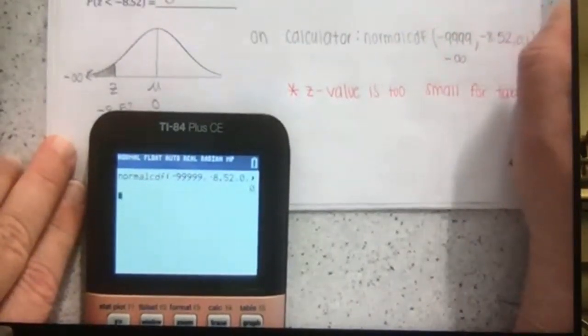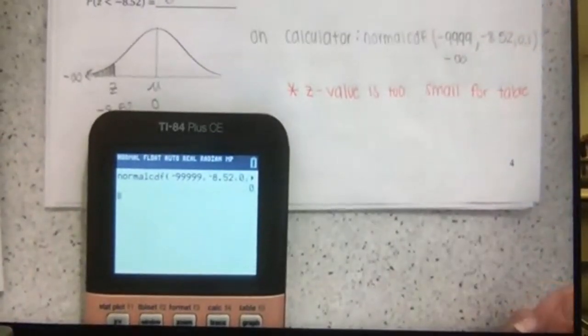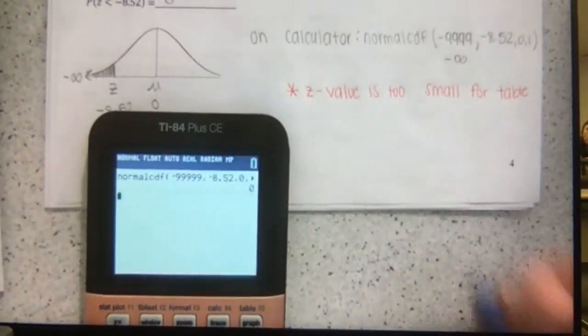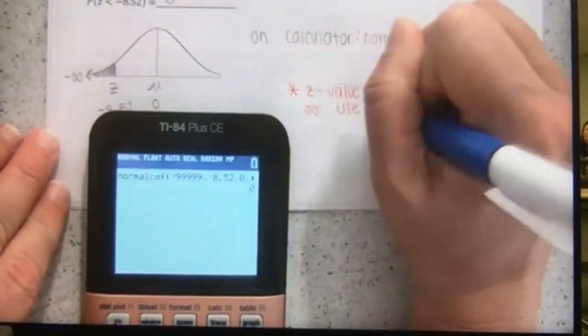But you can't always assume that, okay, it's not on the table, so the answer is 0. But yeah, because it's so small, that's why we don't bother putting it on the table. The z value is too small for the table, so we're going to use our calculator.